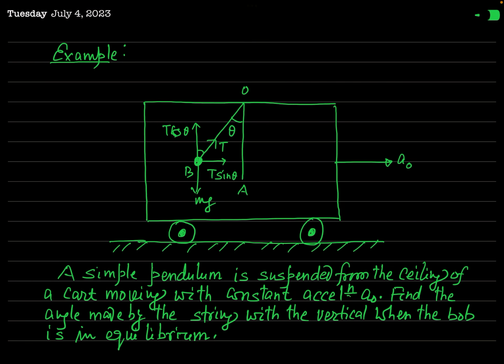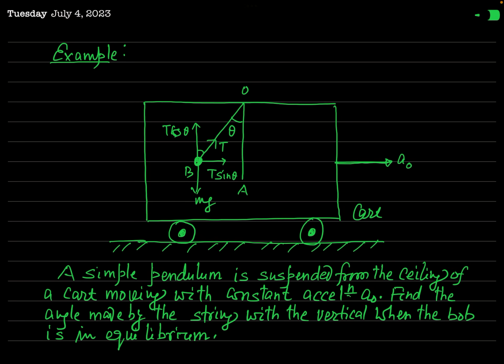So this is the technique by which we can write down the equation of motion in a non-inertial frame. Now I am illustrating this idea by taking a very simple example. Let us see this figure. This box represents a car, or you can say a cart, and this cart is moving with acceleration a0, and there is a simple pendulum suspended from the ceiling of this moving cart.